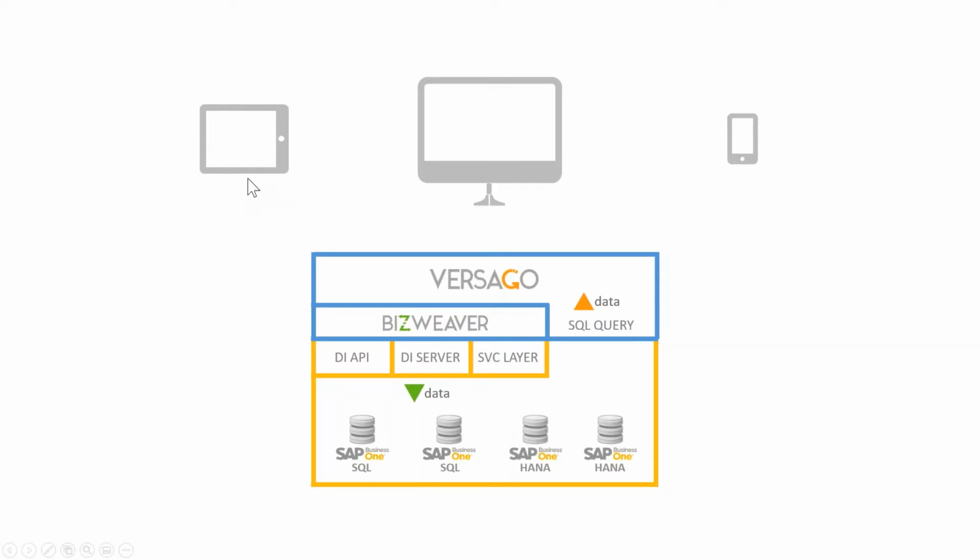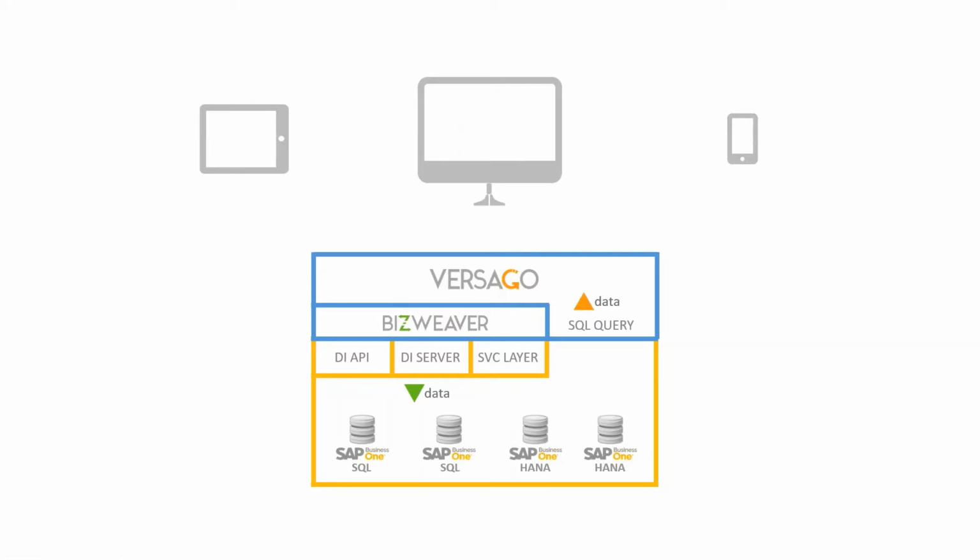It means it's responsive, so regardless of the type of device that you're on, you're going to be able to display that data on that device. And when I say flexible, I mean we can get the data out of SAP Business One through a query and display that information onto these screens.